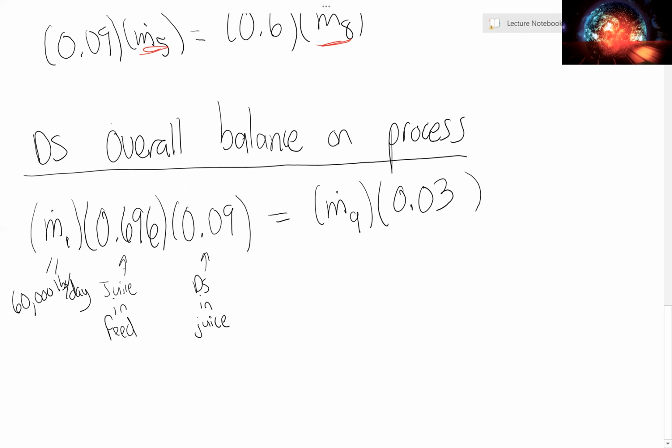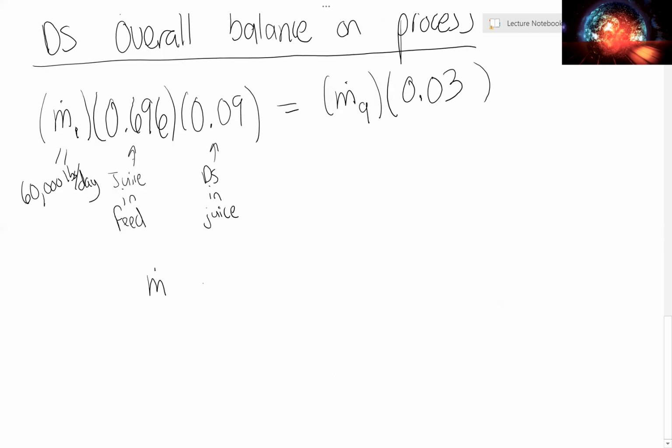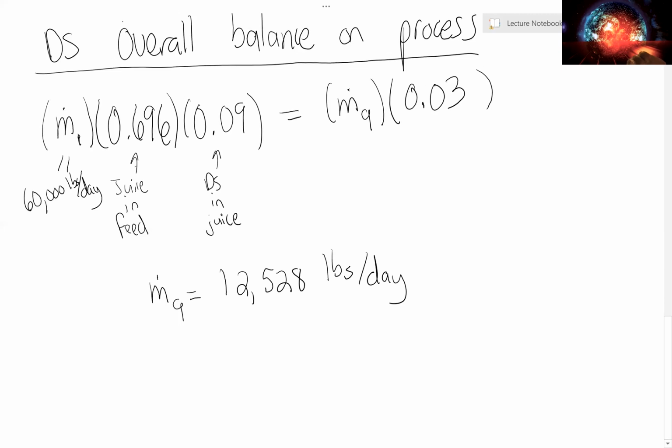So if that's 60,000 pounds per day, what does that make M9? It should be about 12,528 pounds per day for M9.